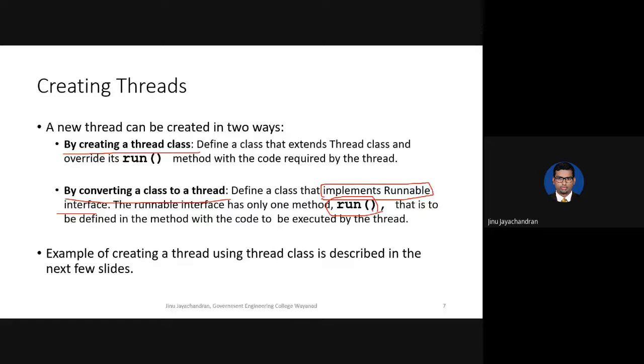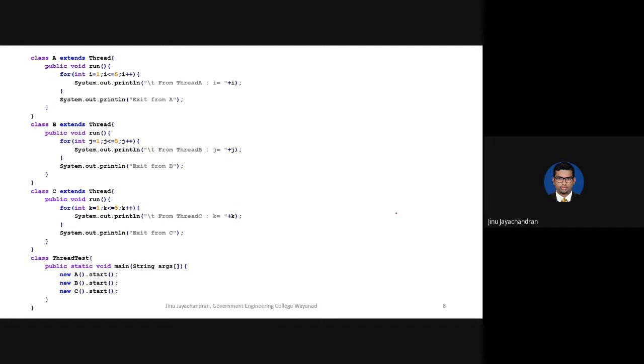In the last class, we studied interfaces, and you know that if you declare a function in an interface, that function should be defined in any class which implements it. Runnable is an interface declared in Java itself.